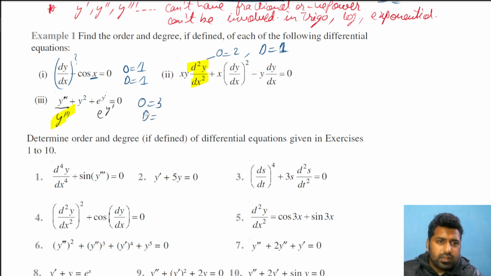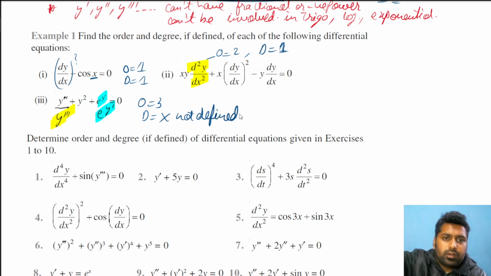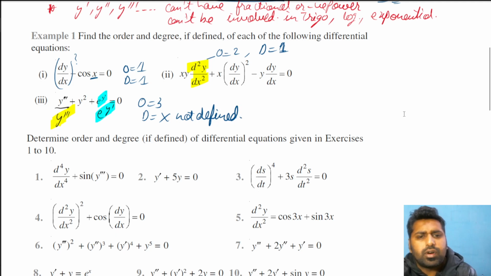But for degree, you can see the term e raised to power y dash is involved. Y dash cannot be involved with exponential, log, trigo, and cannot have negative or fractional power. So degree is not defined. So it is a possibility that the degree of a differential equation is not defined.